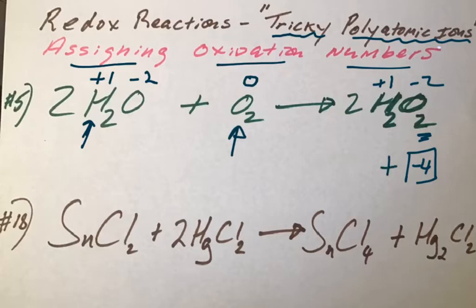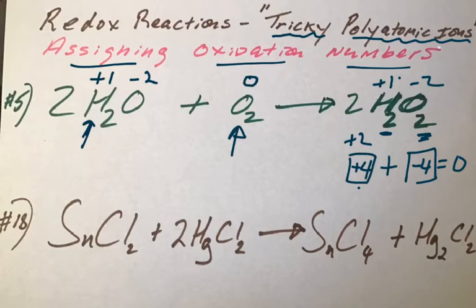And what plus -4 gives you 0 for the neutral compound? It would have to be +4. But these 2 hydrogens are +1 each, so they won't give you +4. They'll only give you +2. So we have to evaluate the situation carefully again.